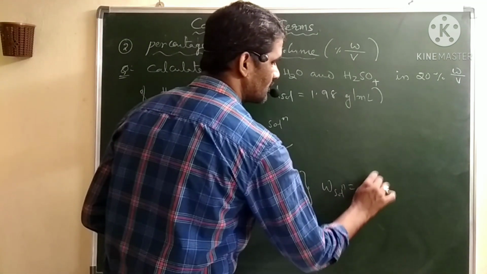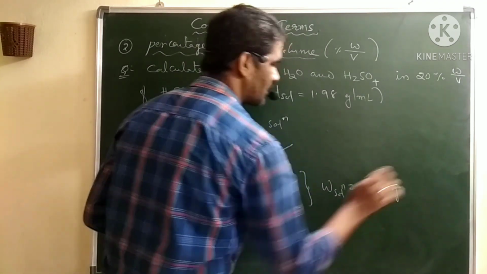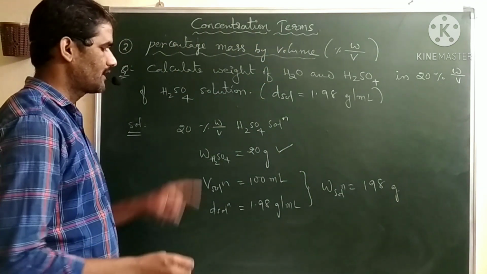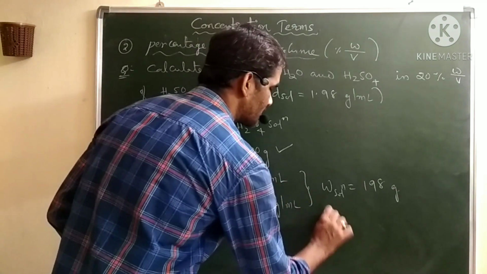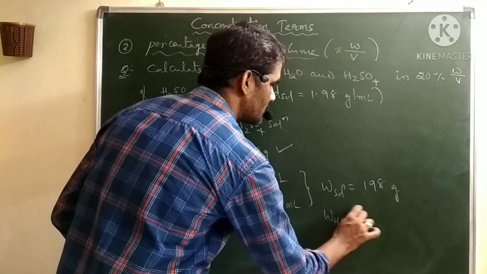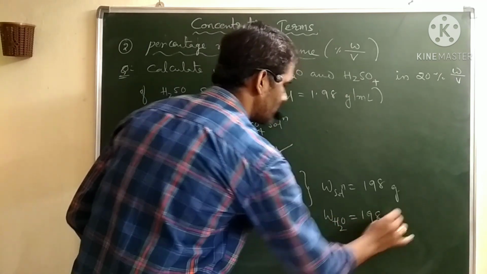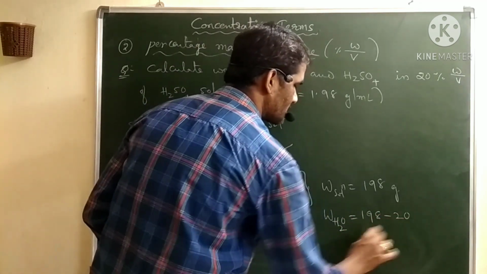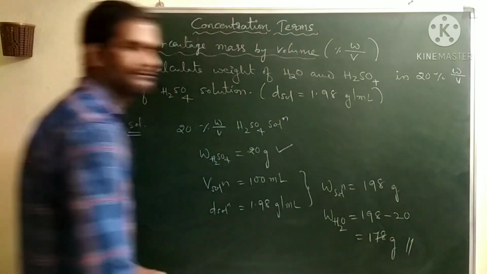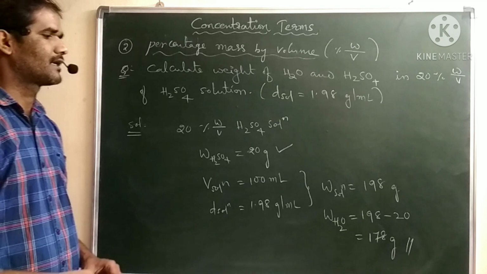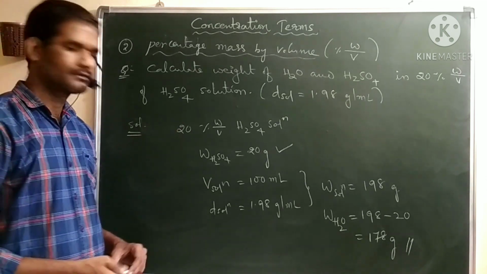So that will give 198 grams. Now we have weight of solute and weight of solution. Now weight of solvent, that is weight of water, is equals to 198 minus 20. So that will give 178 grams. So like this we can calculate the weight of solute and solvent.